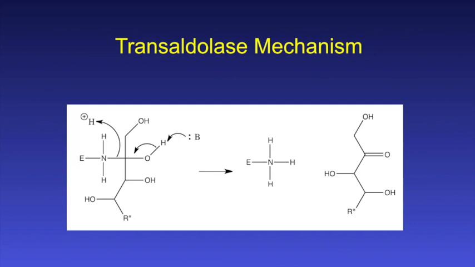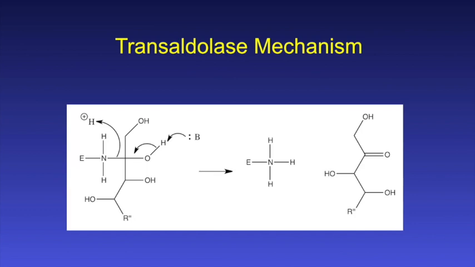What's important here, in both of these cases, is that to break that bond, we need to be able to create a resonance structure of the leaving group. The TPP created that for the transketolase, and the Schiff's base formed that for the transaldolase.